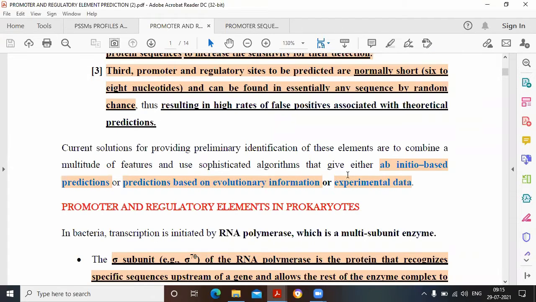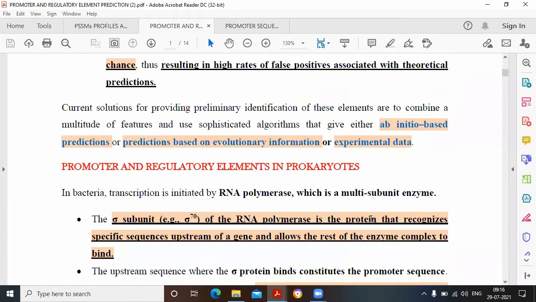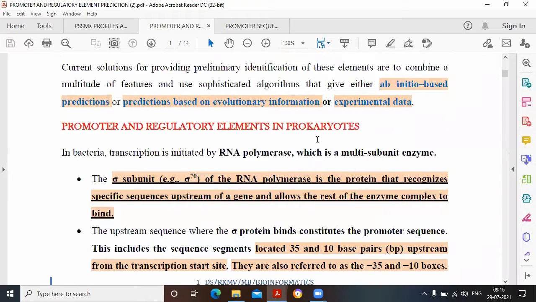But the experimental data approach is not so familiar, and I'll tell you why. It has the maximum drawbacks, so we do not prefer to use such an approach for research.